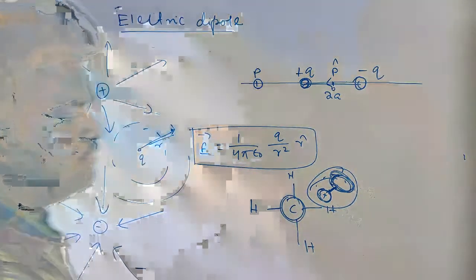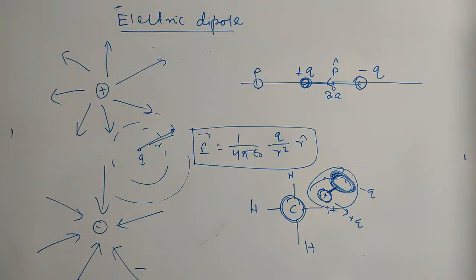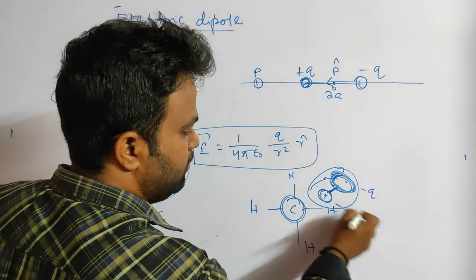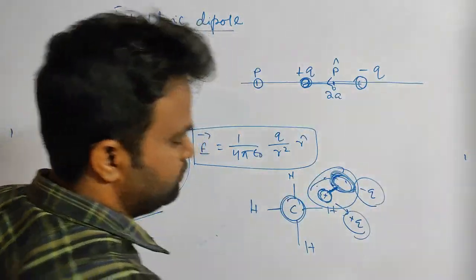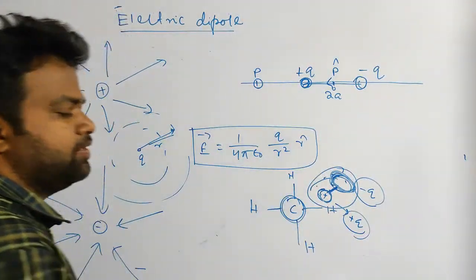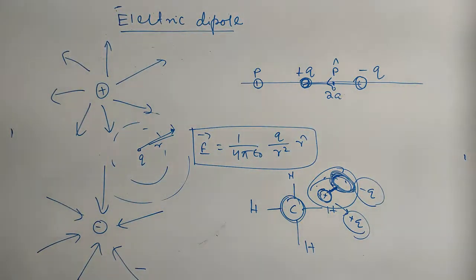Because the atom as a whole is neutral, the total amount of negative charge equals the total plus q, and if this type of situation arises, it creates a dipole-like situation.